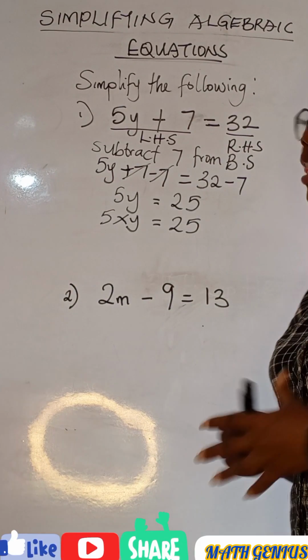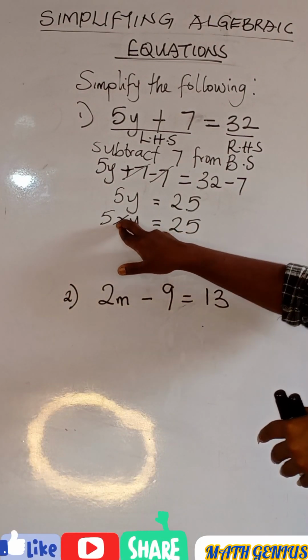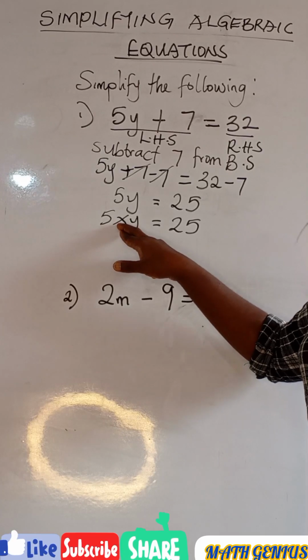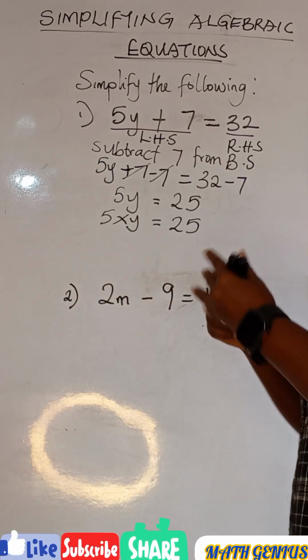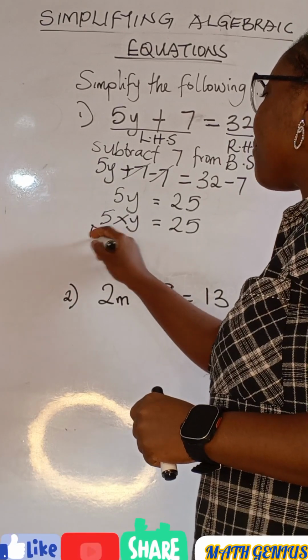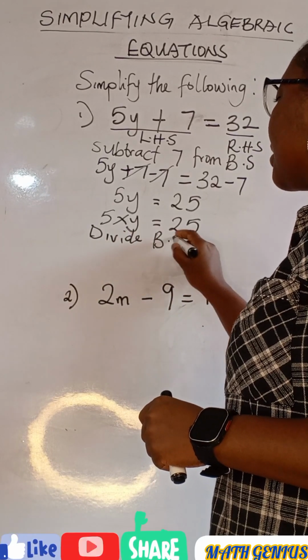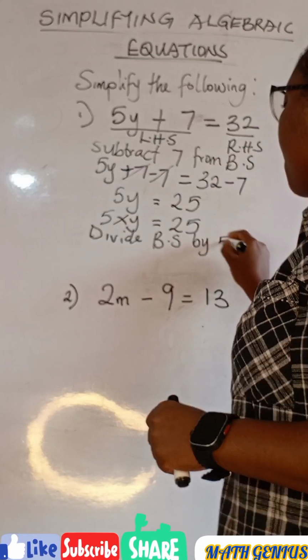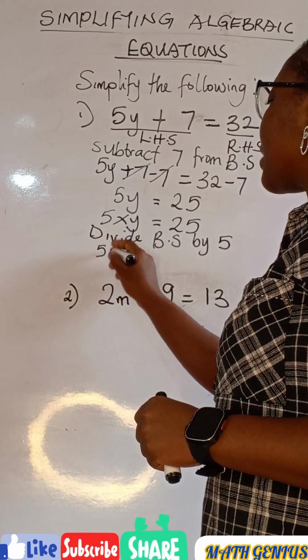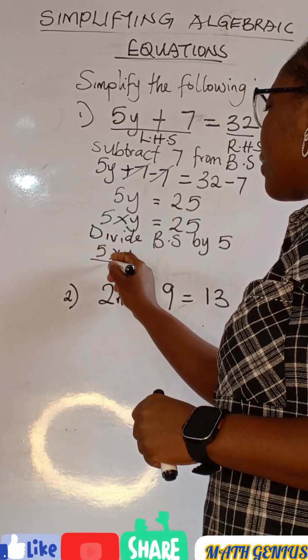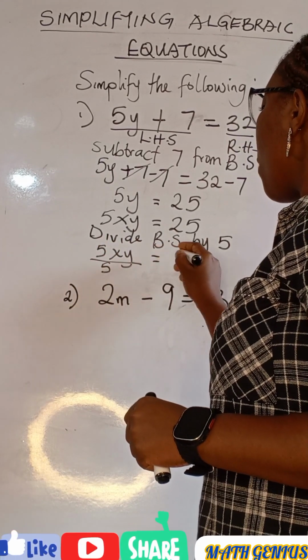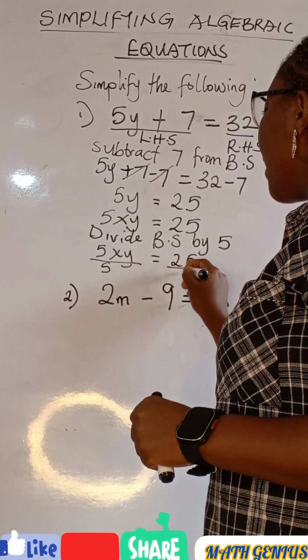How do we eliminate this 5? The operation existing here is times, and the opposite of multiplication is division. So right here we are going to divide both sides by 5. So 5 times y over 5 equals 25 over 5.